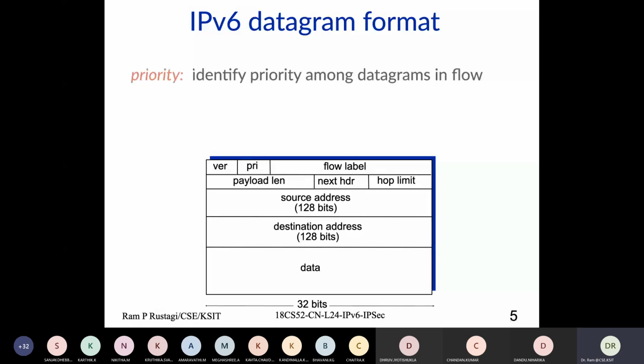So what you see is the IPv6 header structure. The first field is the version. To differentiate, 4 bits: if the value is 4, it is IPv4, if the value is 6, it is IPv6. You may be wondering what happened to versions 1, 2, and 3, and what happened to versions 4 and 5.